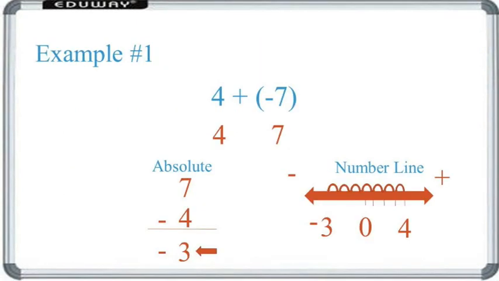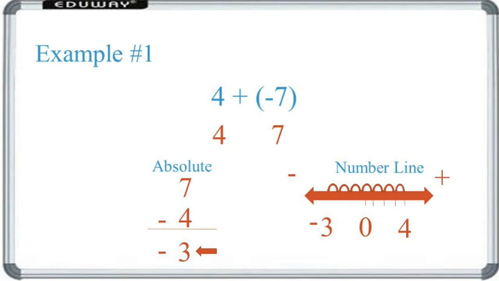Example number 1, we have 4 plus negative 7. First, I'm going to solve this using the absolute value method. If you remember on the last slide, it says that when your signs are different, and in this case they are because I have a positive 4 and a negative 7.